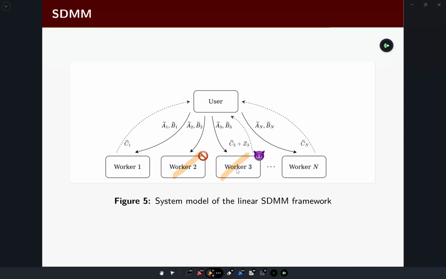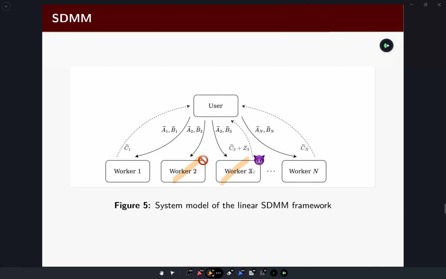So for example, the secure MatDot codes are X-secure, which means that if at most X workers collude, we are still okay. We still don't leak any information, okay? So we don't need to monitor. We know that if we are guaranteed to have at most X colluding servers, we are okay.